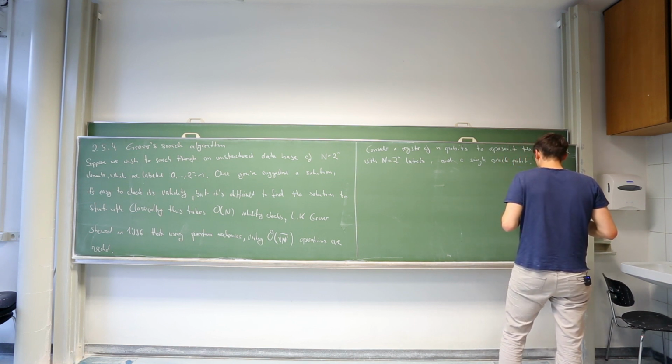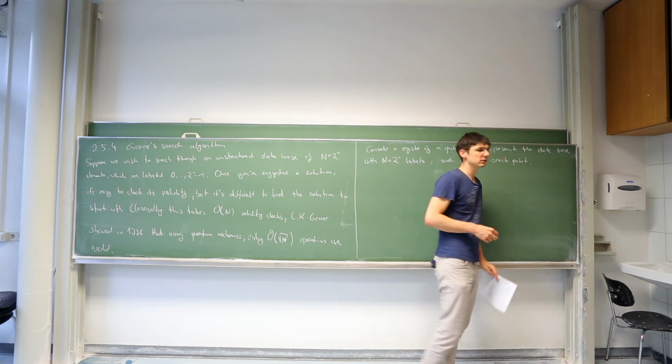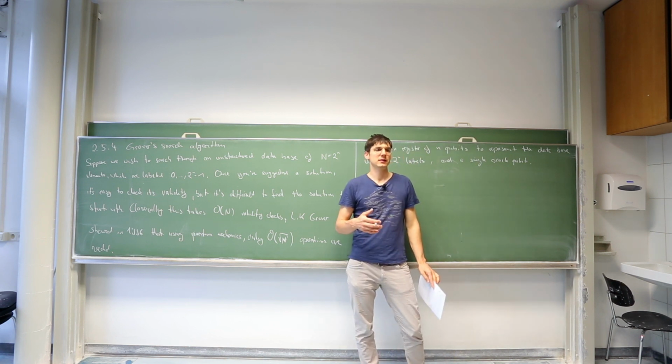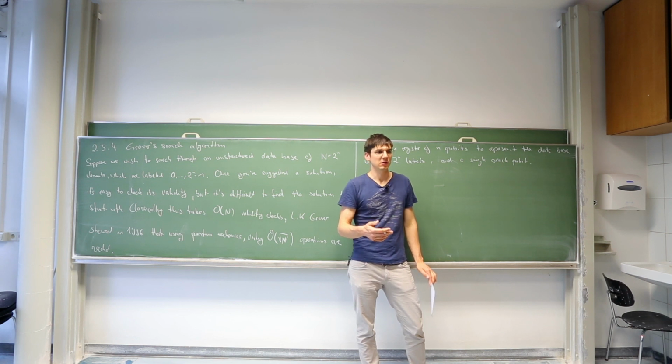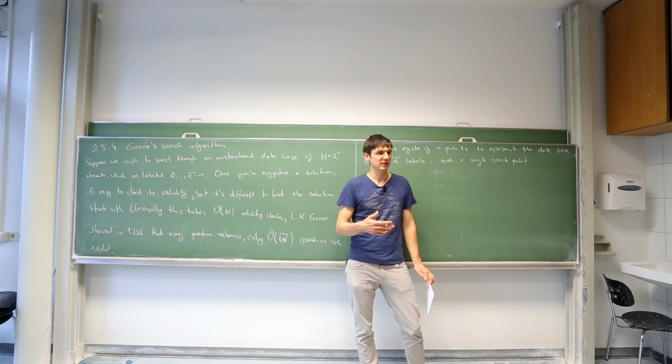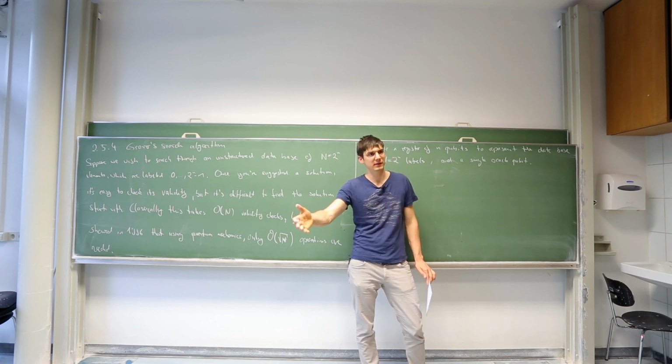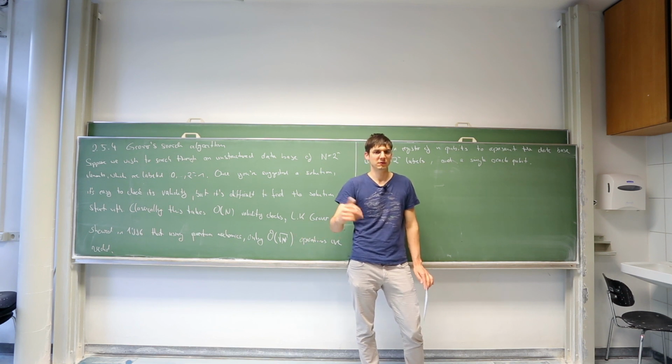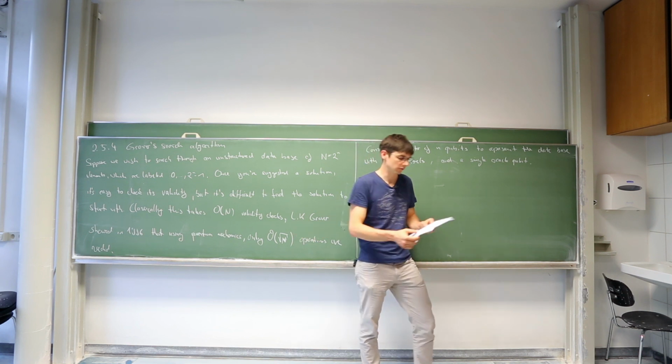Then we have an oracle: we give the oracle an input, which is an element of the database, and the oracle then tells us whether this is a solution or not. So we can quantify how fast the search algorithm is by asking how often I have to call the oracle, how often I have to ask the oracle whether this is a solution or not. And this oracle always tells me, okay, this is a solution or this is not a solution.